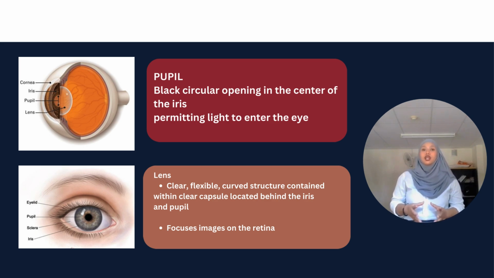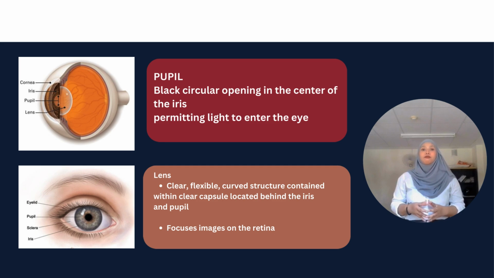Nestled behind the iris and pupil, the lens sits within a transparent capsule that holds its shape. Its clear, flexible structure has a curved shape, often compared to a biconvex lens, convex on both sides. The lens plays a vital role in focusing light rays onto the retina, creating a sharp and clear image.